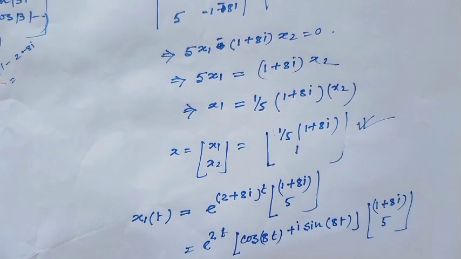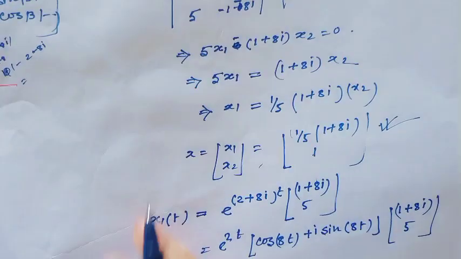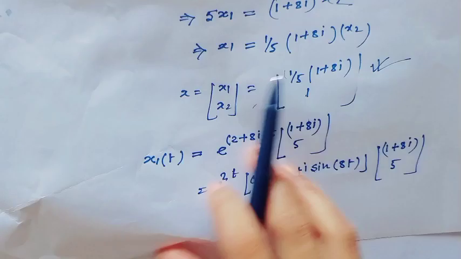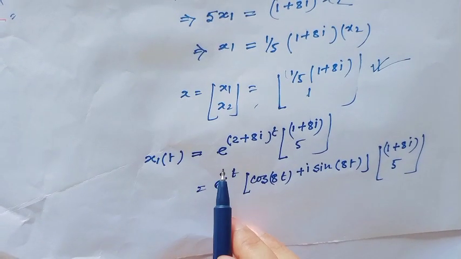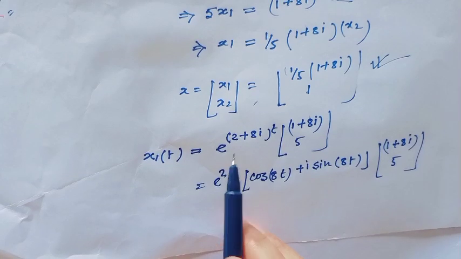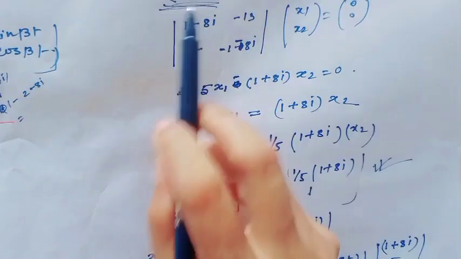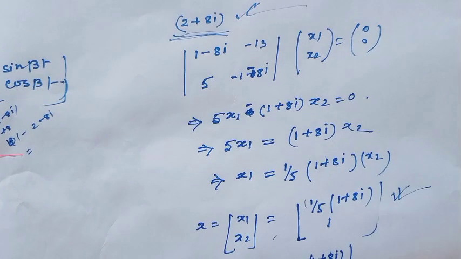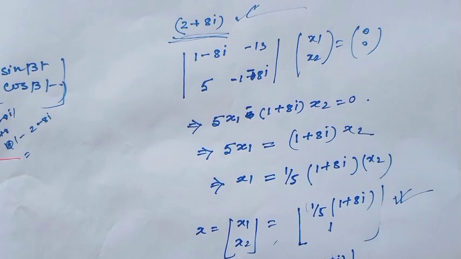So I have taken only one eigenvector and only this eigenvalue. I hope all my viewers have understood this concept, because a few minutes ago I told elaborately why I have taken only one eigenvector and one eigenvalue when there exists a complex root.